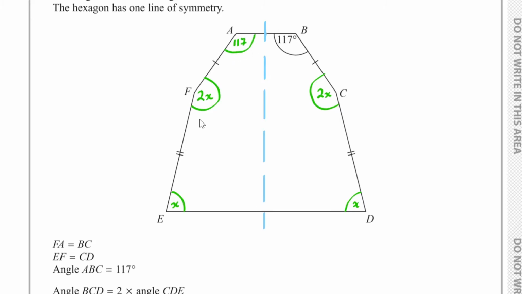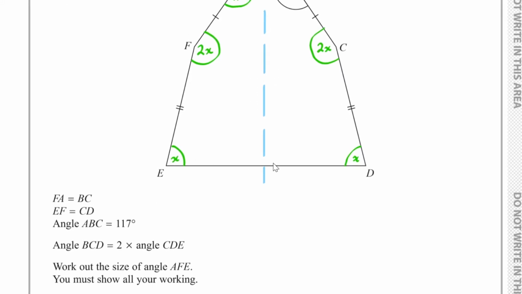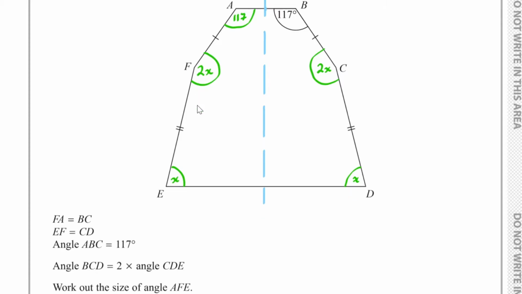And we can find out what x is by first of all finding the sum of all the interior angles of this shape, and then find an equation in x to solve for x. And with that we can from then find out what 2x is, which corresponds to the angle AFE.